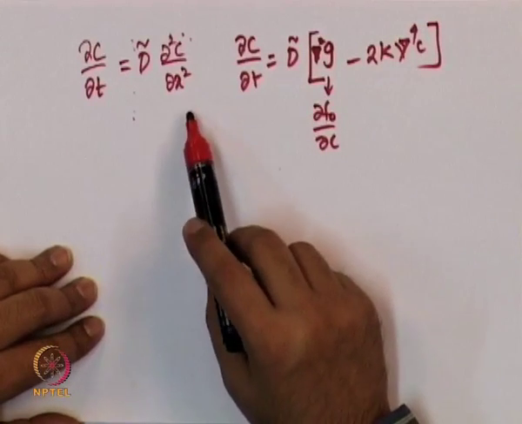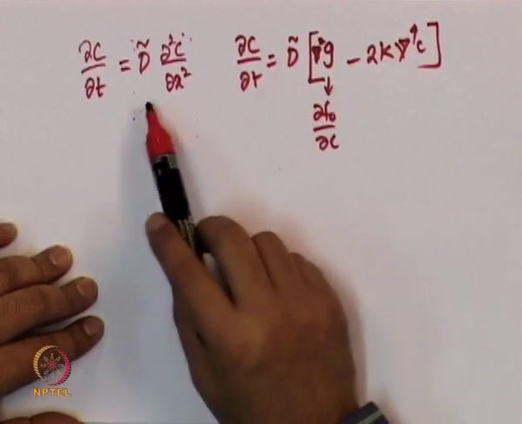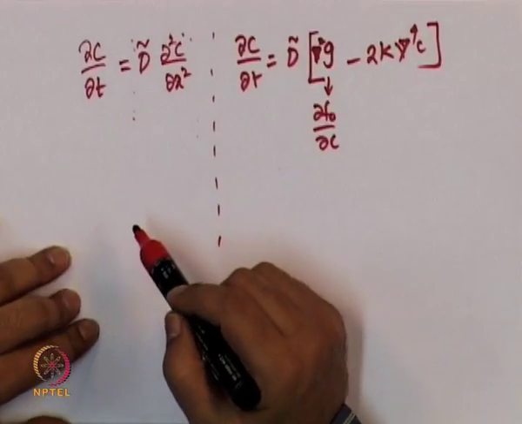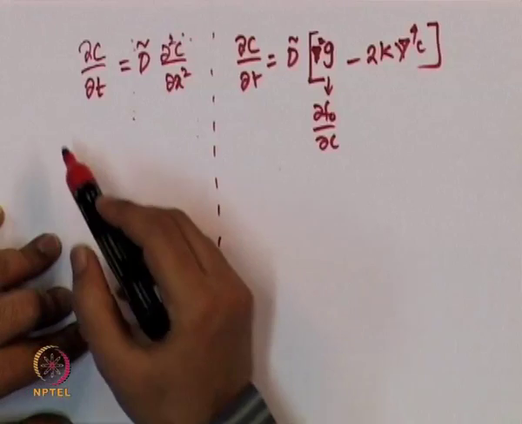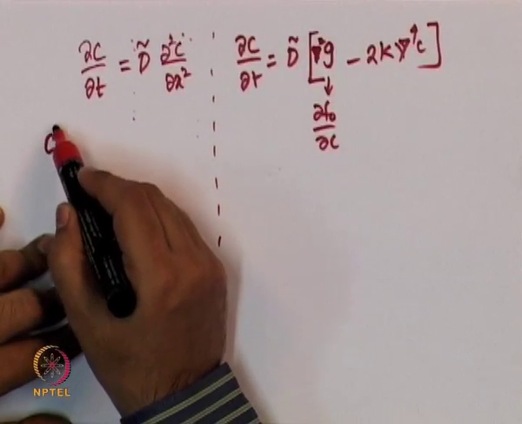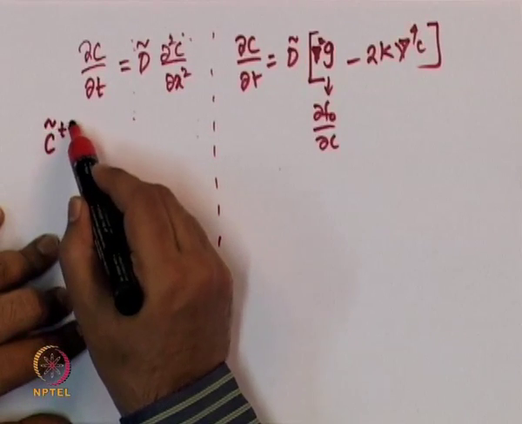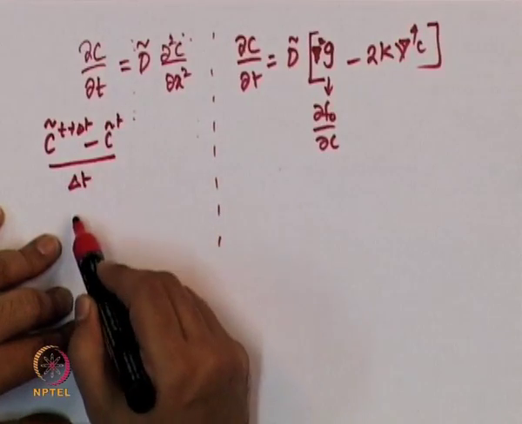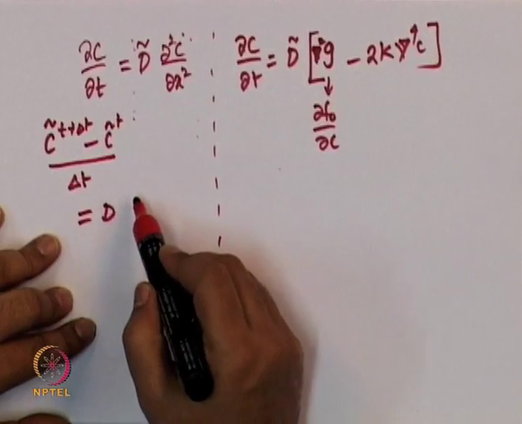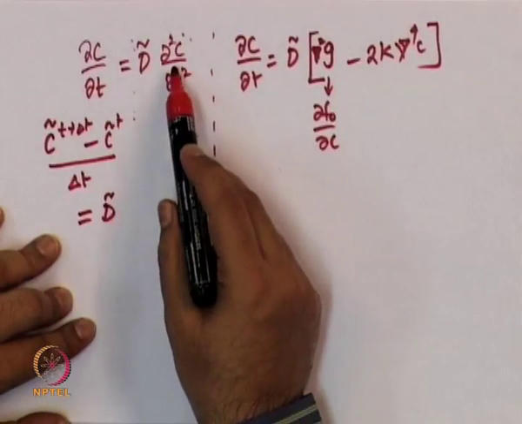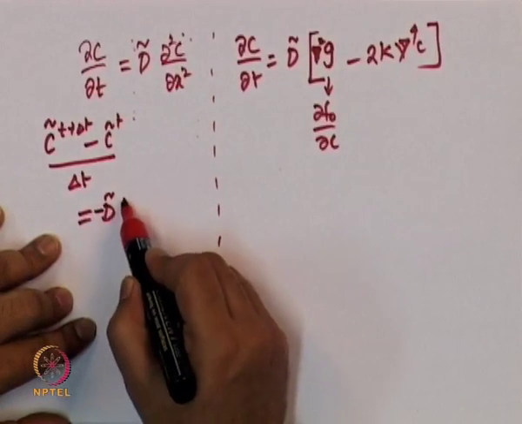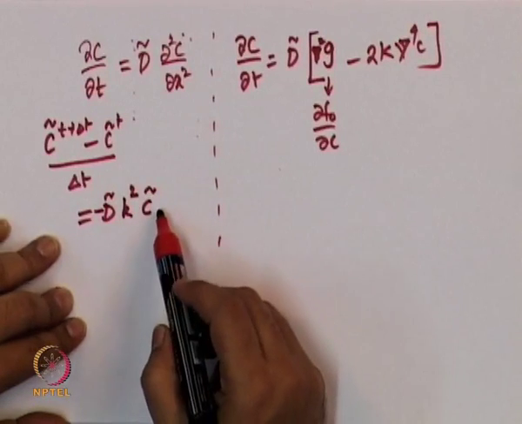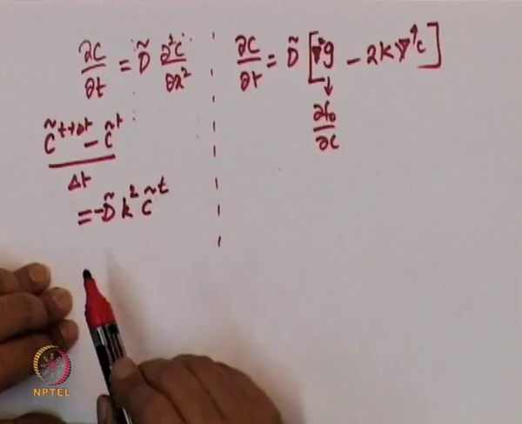If we do Fourier transform, then we can solve these equations. Fourier transform technique is much more accurate than finite difference, and in that case we take the Fourier transform: c tilde of t plus delta t minus c tilde of t by delta t is equal to d tilde, and Fourier transform basically gets you minus k squared, in this case c tilde, at time t.